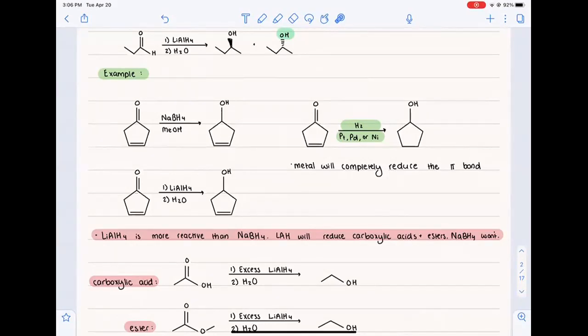But then with our H2 and metal catalysts, they really just have sticky fingers and they're getting into all of the different carbons. They just cannot control themselves and they steal that pi bond, leaving our cyclopentene into a pentane. Oh, can you guys believe it? I'm shocked, truly.